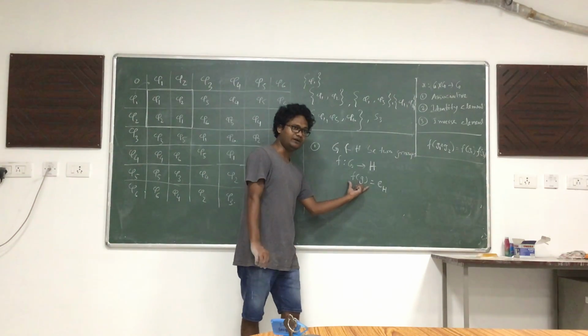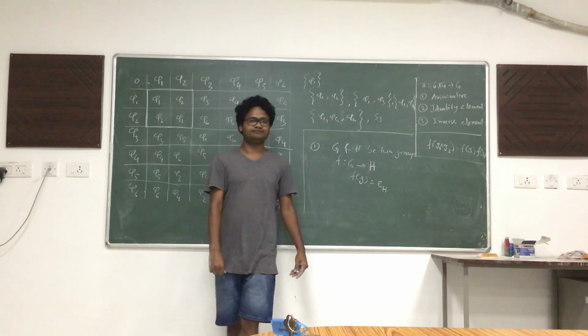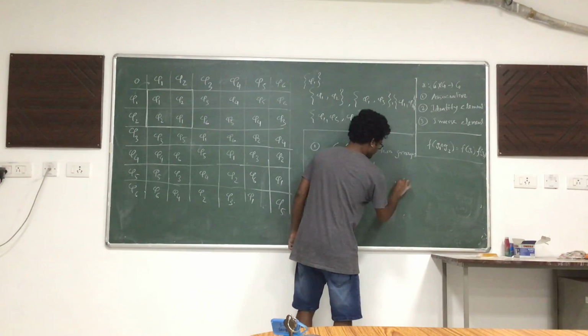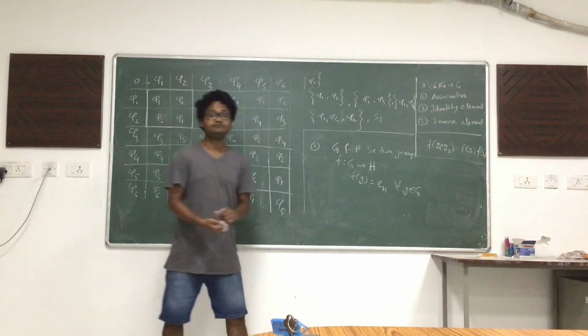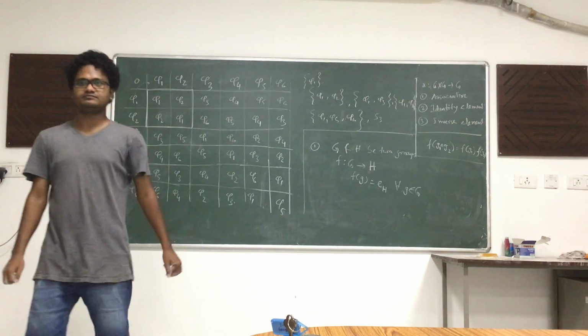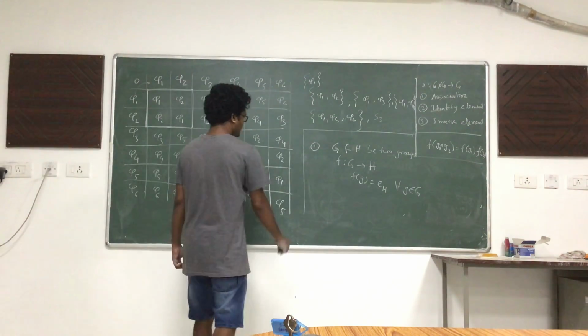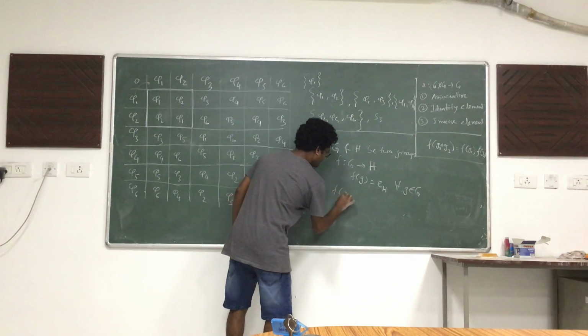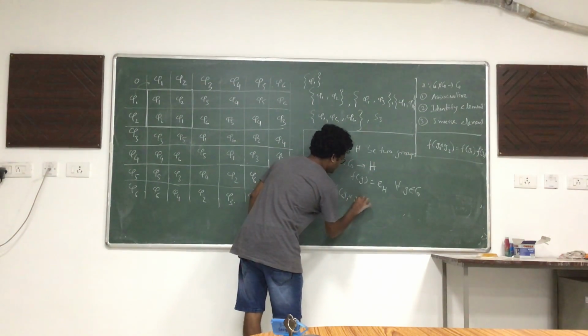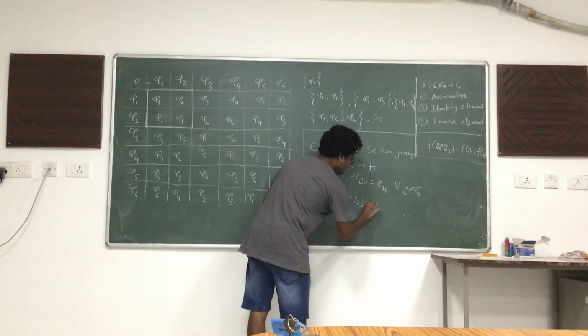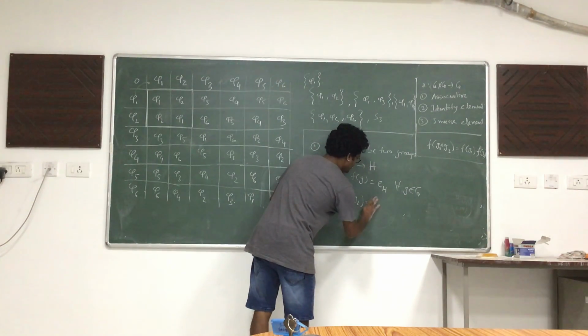That is the rule of assignment. Since G is a group, any two elements g1 times g2 give another element in the group, and what we have to check is this condition: f of g1 times g2 equals e_H times e_H.